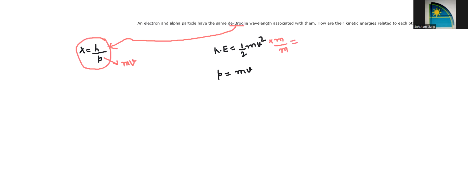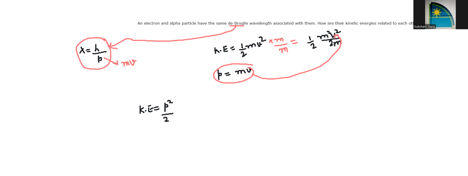If I do that, then I am going to get the relation rewritten as half m square v square divided by m. Now notice here that momentum was nothing but m into v. So instead of m square v square, we will write p square and we are going to get the relation: kinetic energy is nothing but p square divided by 2m.